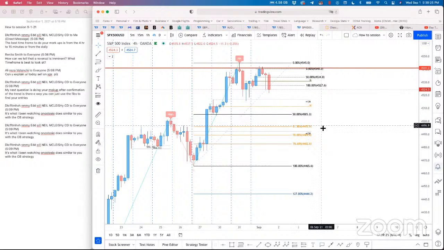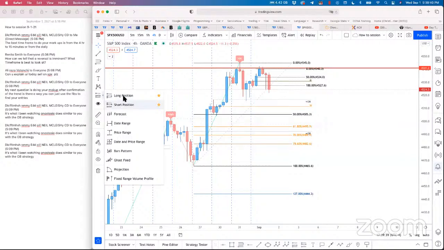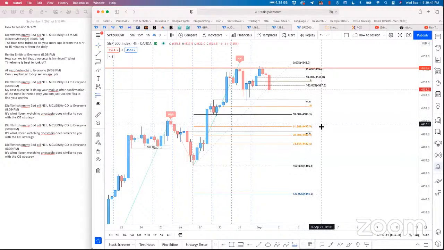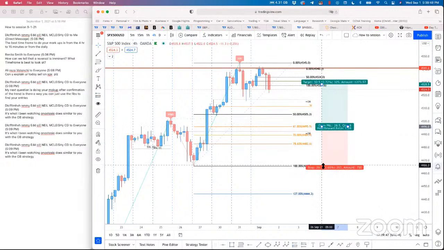And the way I would take these trades is I would not use my normal lot size with this. Sometimes I'll use pending orders and just place my orders at these 3 levels. 618. My stop loss would be here.